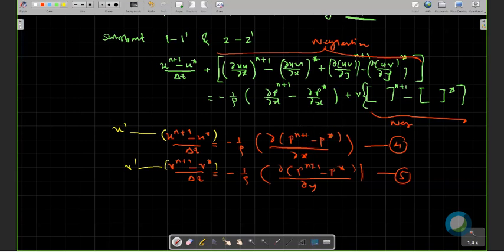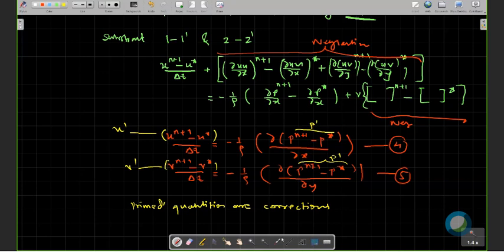Similarly, these two terms can be written as p prime, the pressure correction. So primed quantities are corrections. Okay, so these are the corrections, and this pressure correction equation you can solve.